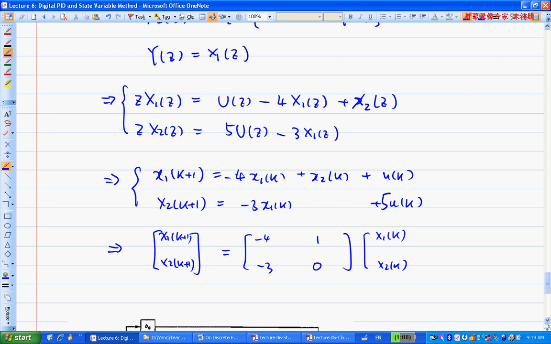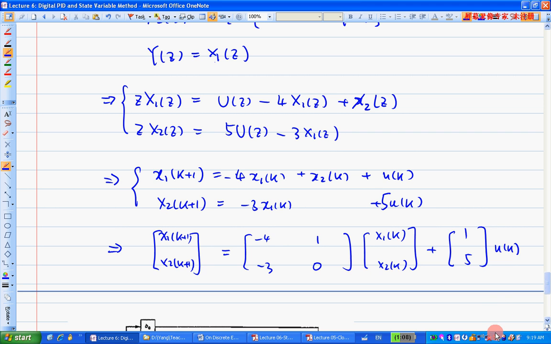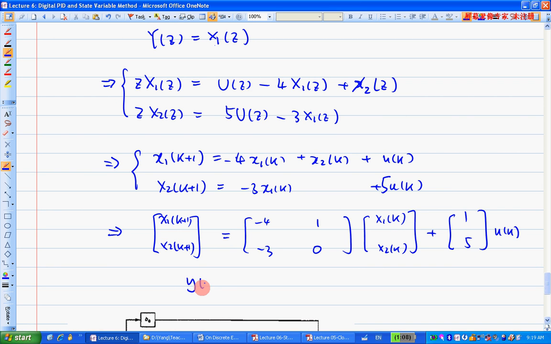Yeah, 5 here, and 1, 5 here, and u of k. So that's the state space model here. And the output is y of k equal to x1 of k. So the output will be just 1, 0 times x1, x2. There's no D.